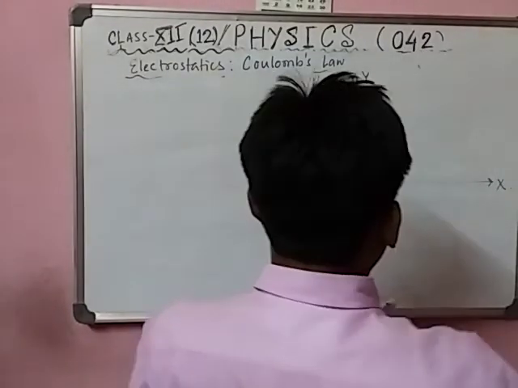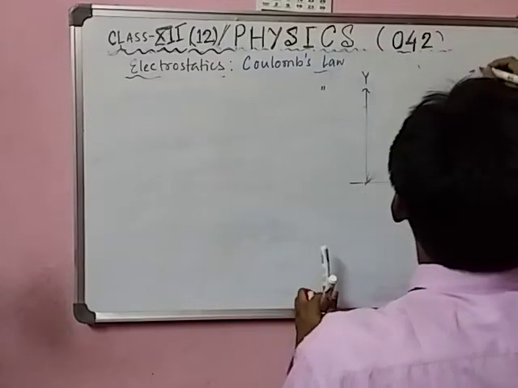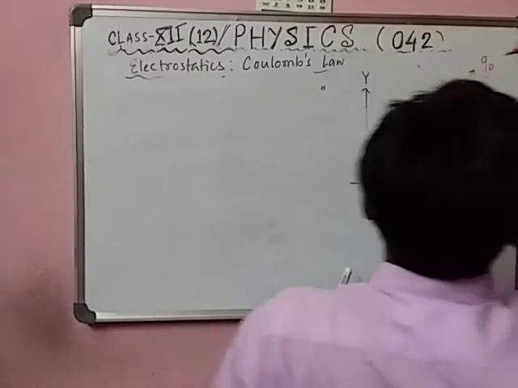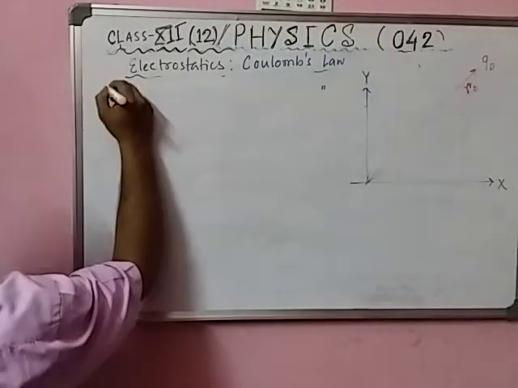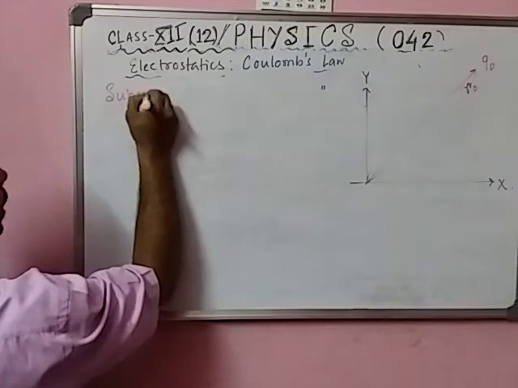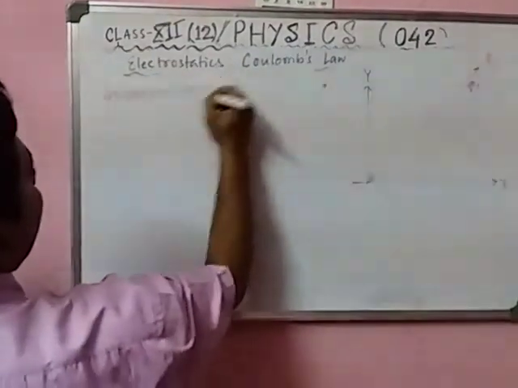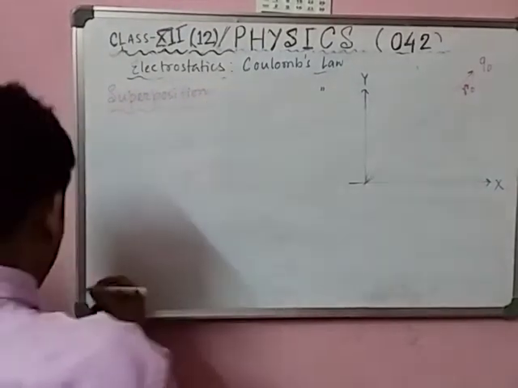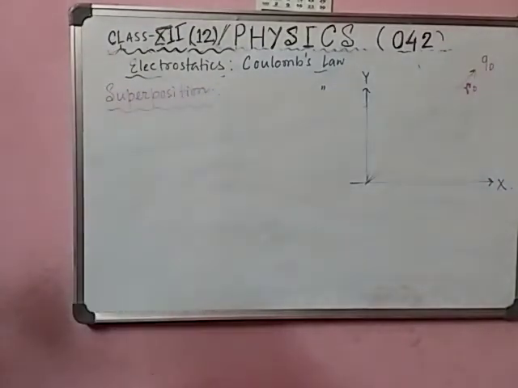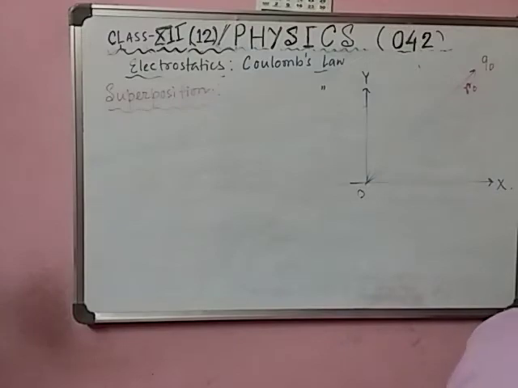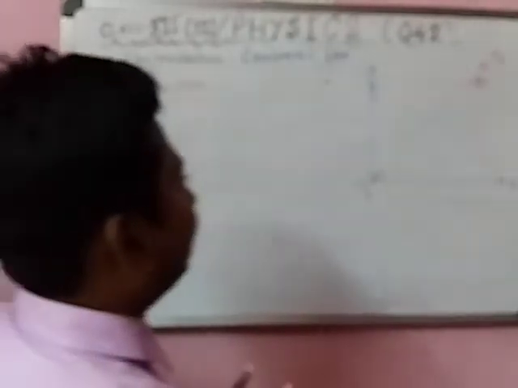Suppose there is a test charge Q0 at R0 distance from the origin. And there are so many charges like this.